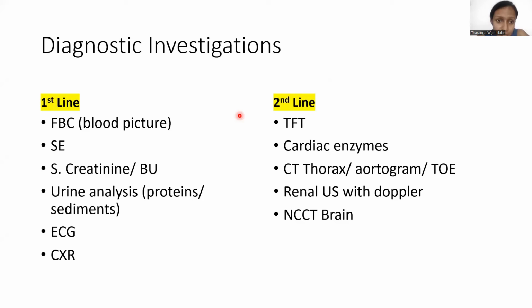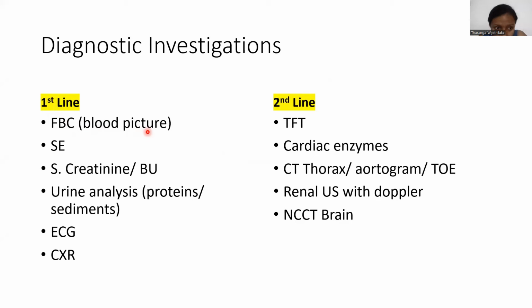So the first line diagnostic investigations would be a full blood count. Now, I have put a blood picture here, not because it's that common for us to see hypertension-mediated thrombotic presentations, or DIC, hypertension-mediated microangiopathic hemolytic anemia.